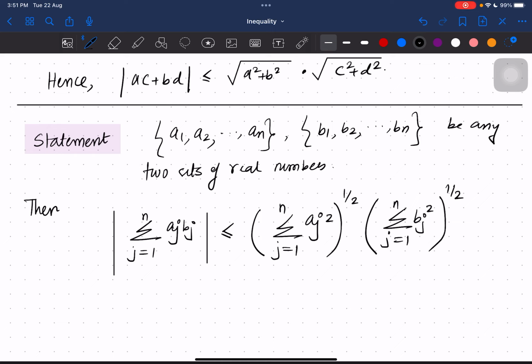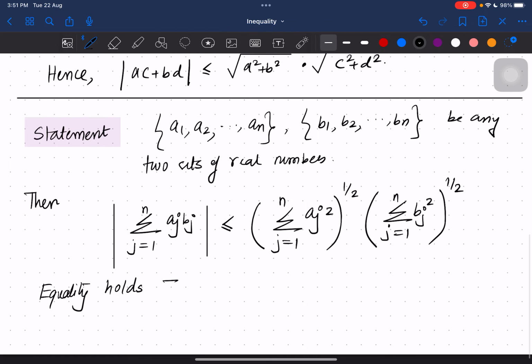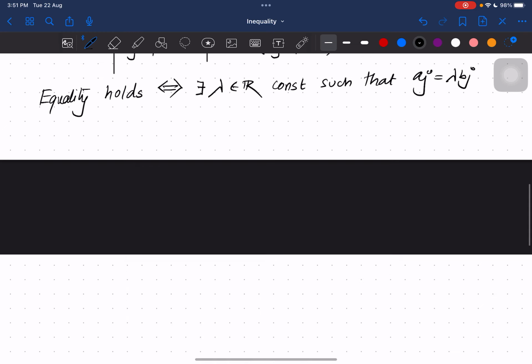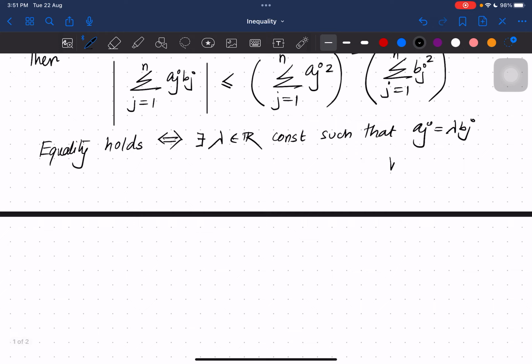You can see easily that it is the generalization, and equality holds if and only if there exists a constant lambda such that aj equals lambda bj, and this is true for all 1 less than or equal to j less than or equal to n.